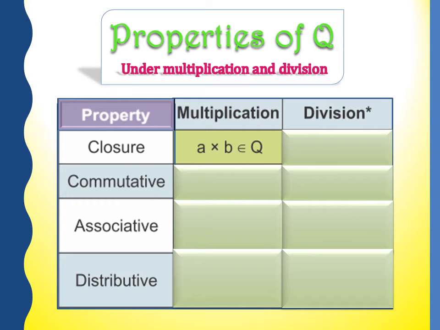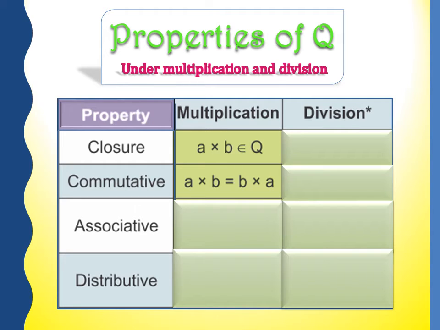The second property, I can say that rational numbers are commutative under multiplication. For any two rational numbers, a times b equals b times a, but rational numbers are not commutative under division.